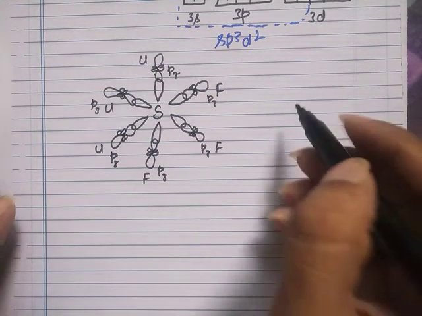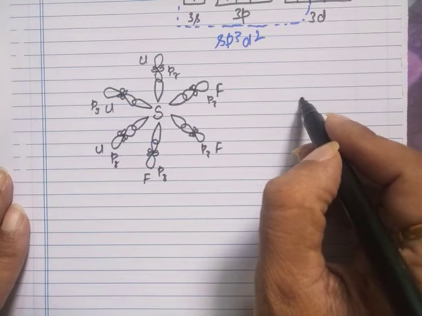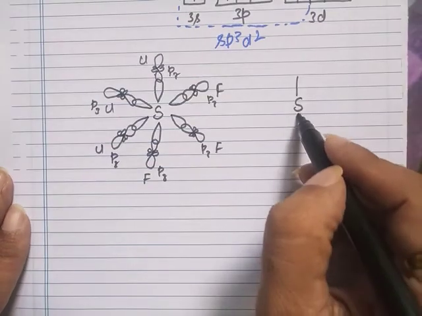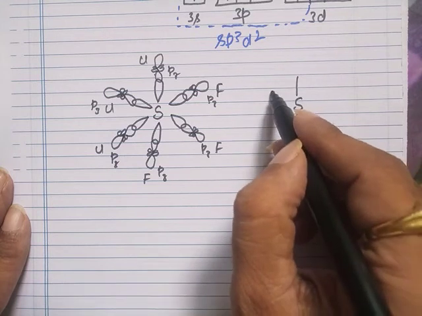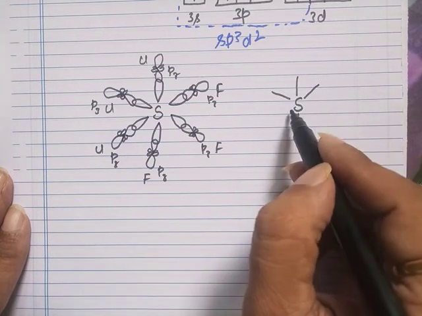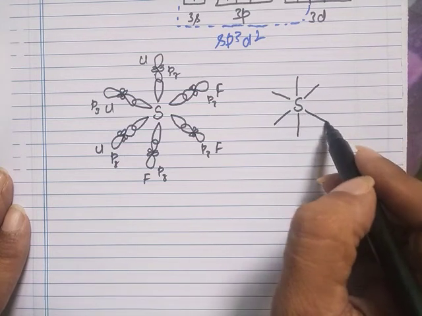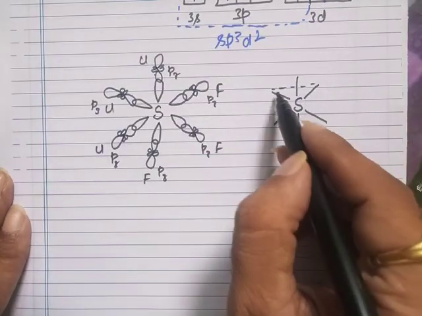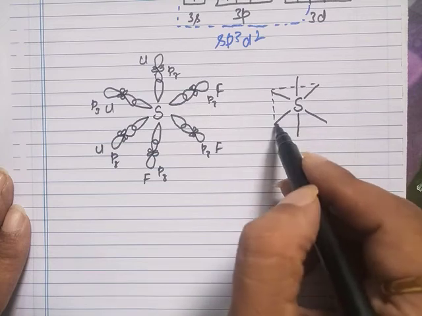So let us write its structure. Sulfur is present at the center. The 6 hybrid orbitals are directed towards the 6 corners of an octahedron.